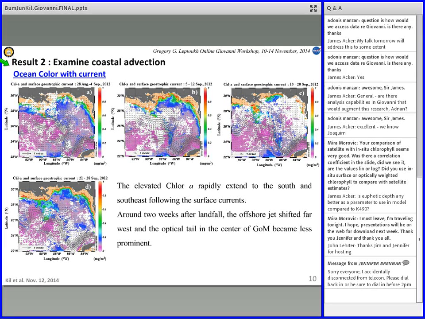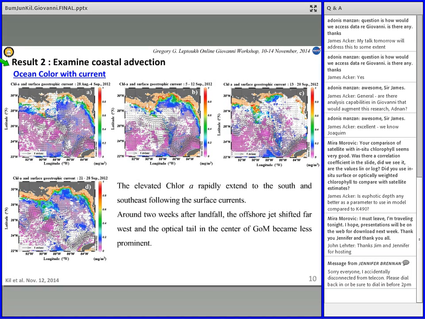It's very difficult to compare chlorophyll A with the surface current movements if heavy cloud stays stationary, and in that case it is difficult to identify.